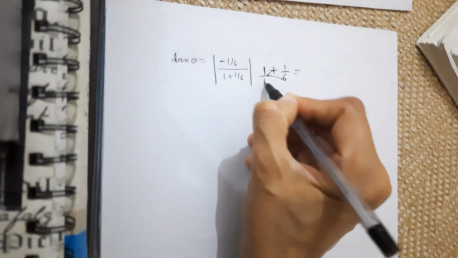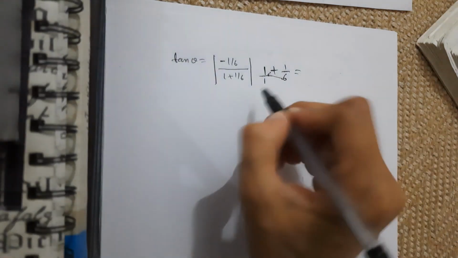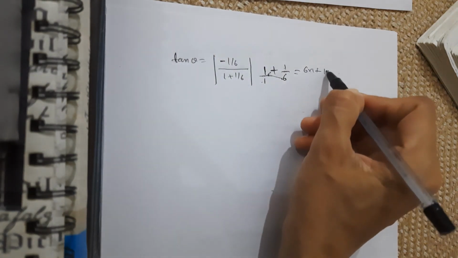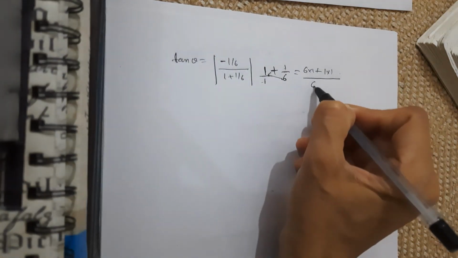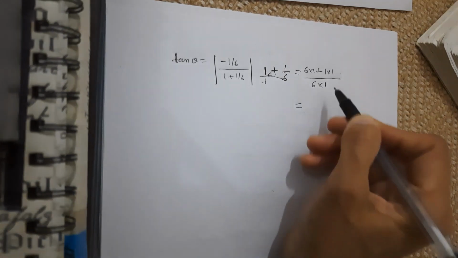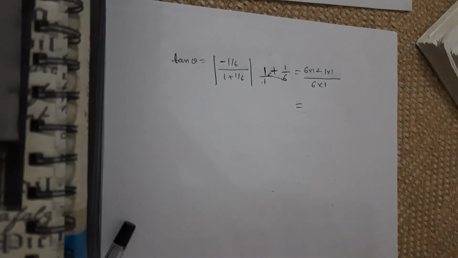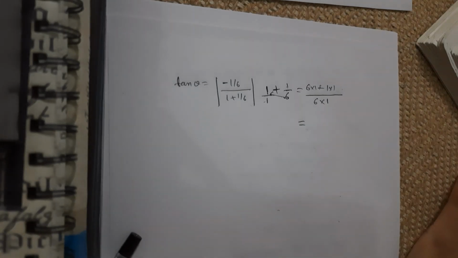Cross multiply, this is 1 upon 1. You can consider it as 1 upon 1, so 6 into 1 plus 1 into 1 upon 6 into 1. If you don't understand how we are taking these things, just go back and watch the lecture on revision of fraction, so you will understand it.